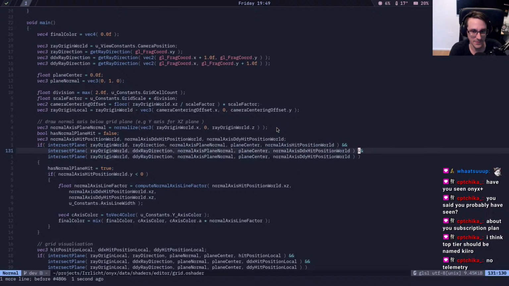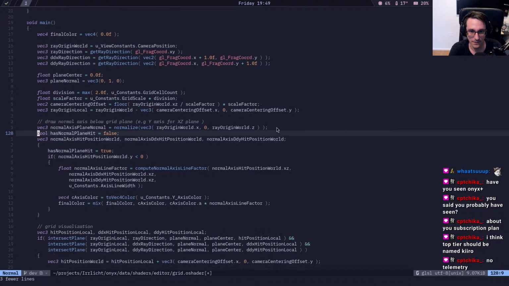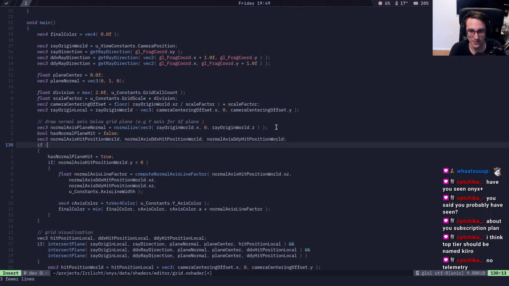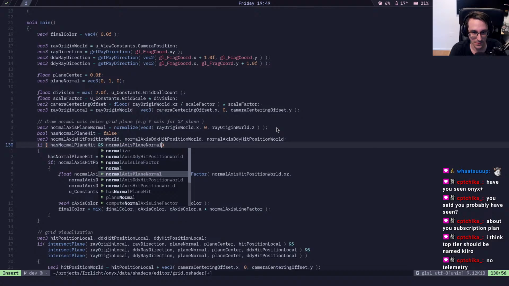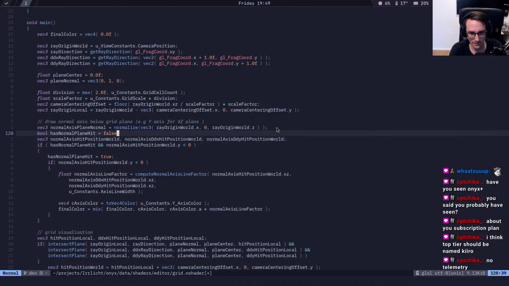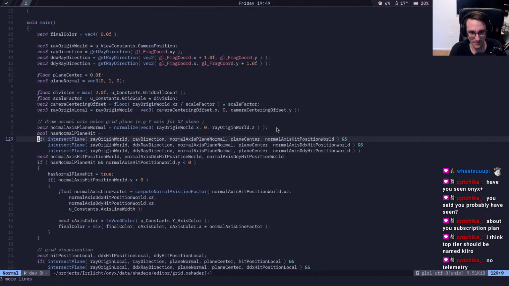Alright, let's take that here and do that if statement here. Has normal plane hit and normal axis hit position y is less than 0. And then we do this and we paste that here.